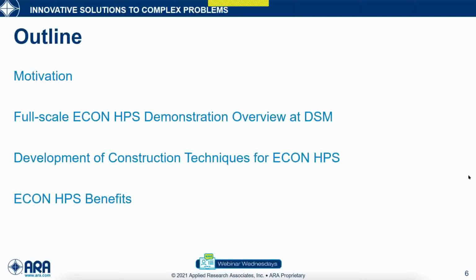And I will briefly talk about the conceptual design for electrically conductive concrete using different construction techniques, such as precast concrete or two-lift paving. And I will briefly highlight a number of benefits. I just want to mention that I'm going to use ECON to stand for electrically conductive concrete for the rest of my presentation.